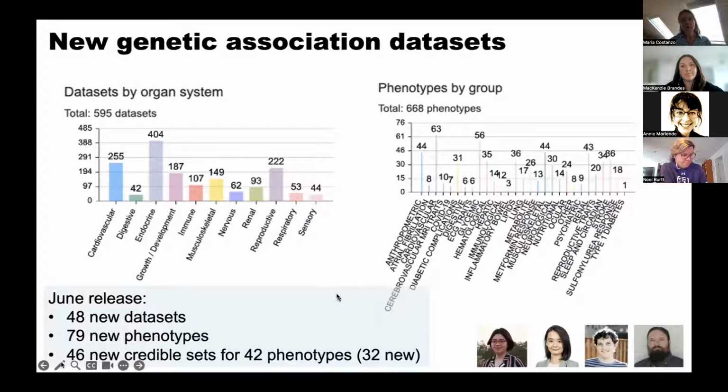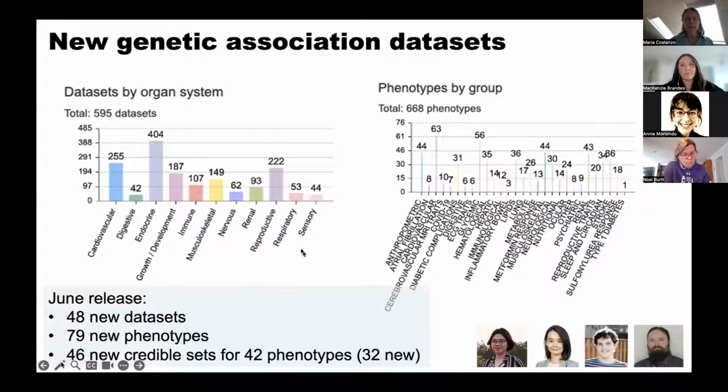Okay, so first of all, I wanted to talk about new genetic association data sets. Our team responsible for loading all these genetic association data sets are Chang, Yue, Patrick, and Ryan. Chang and Ryan are computational biologists, Yue is a bioinformatician, and Patrick is our back-end software engineer.